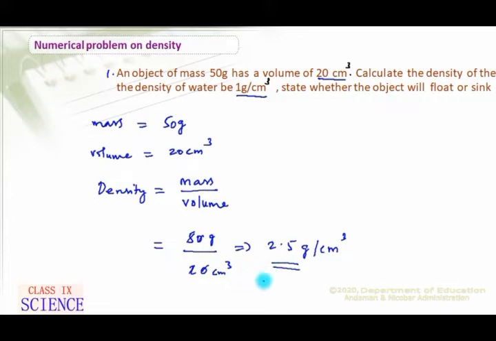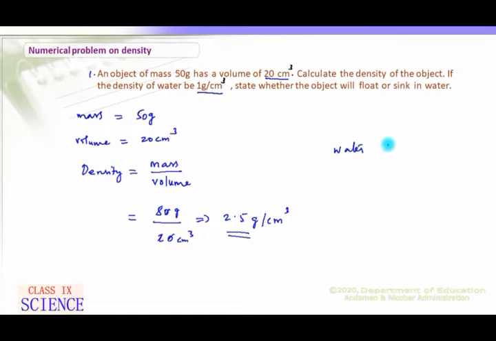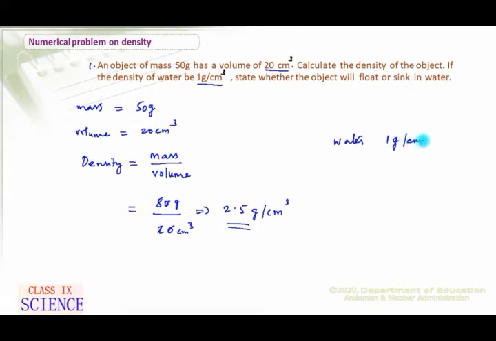Let us find whether the object will sink or float. It is given in the question that the density of water is 1 gram per centimeter cube. Now compare the density of water and the object to be immersed. Here the density of the object is more, so the object will sink.